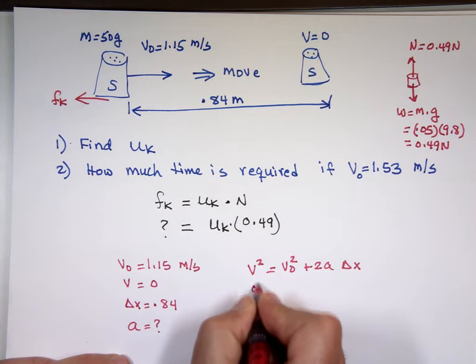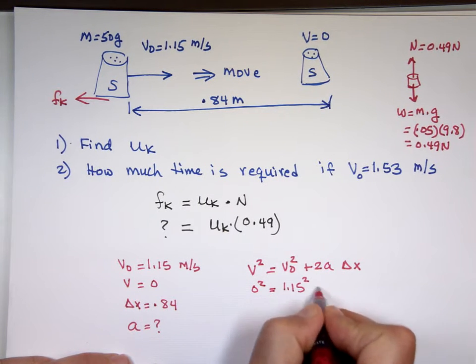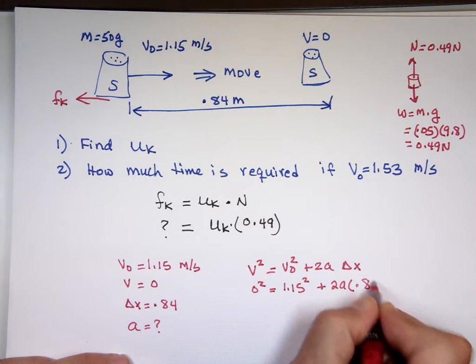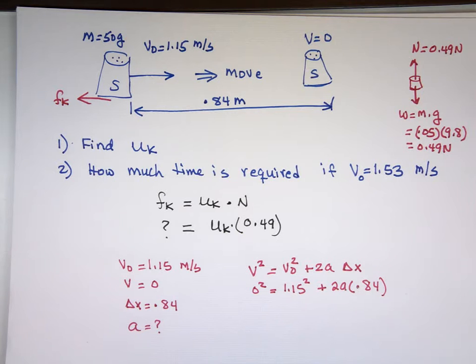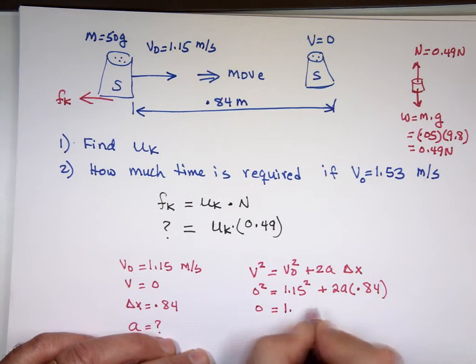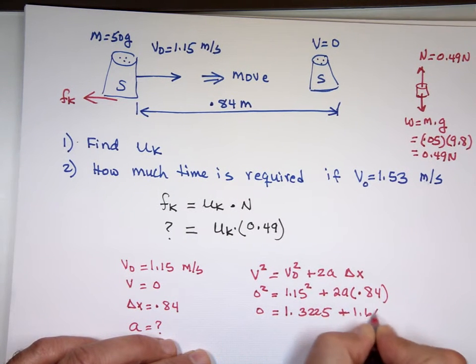Zero squared equals 1.15 squared plus 2 times a times 0.84. Zero equals 1.3225 plus 1.68a.